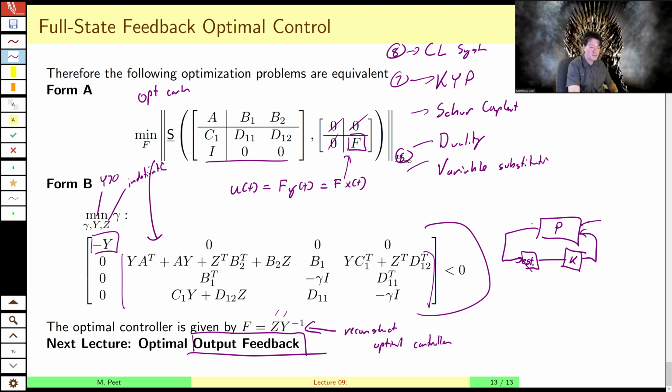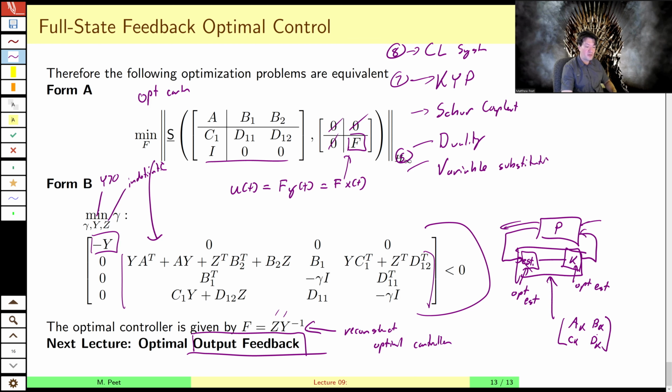Instead of combining those, we can actually solve this problem directly, combining these into a single block parameterized by 4 matrices AK, BK, CK, DK.